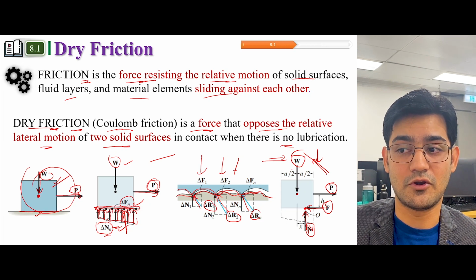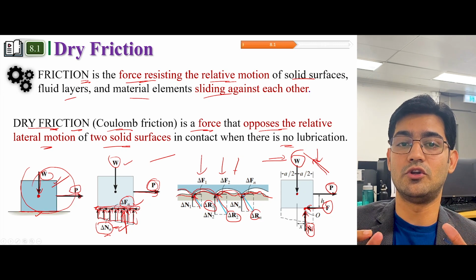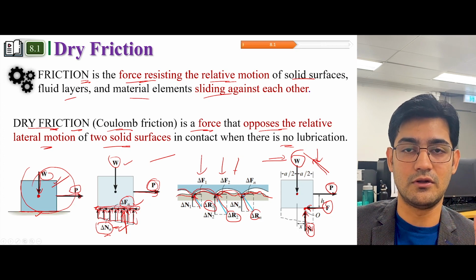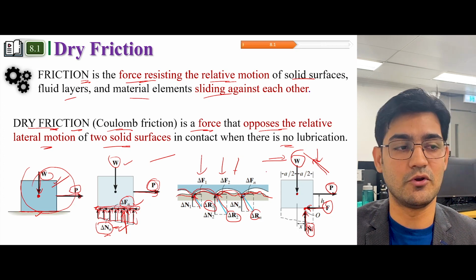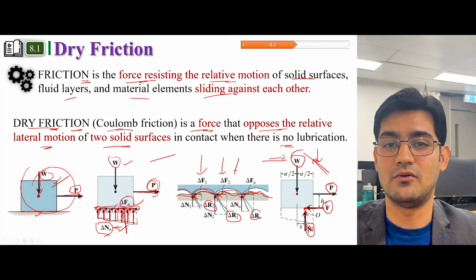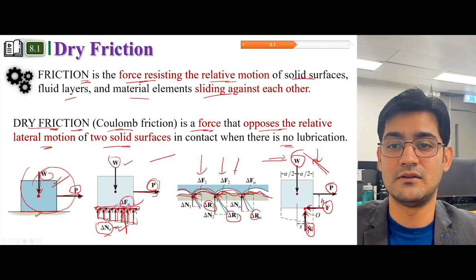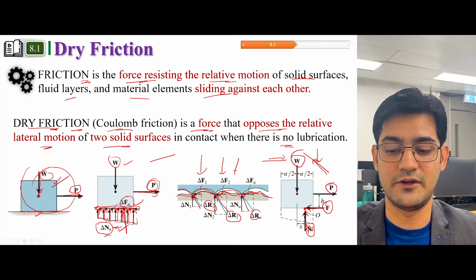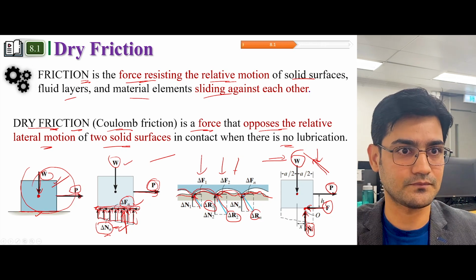And why this is important is because later we want to quantify this dry friction. So it's very important to quantify. In order to quantify, it's very important to understand the free body diagram of how the action and reaction forces are being established in the case of frictional surfaces.